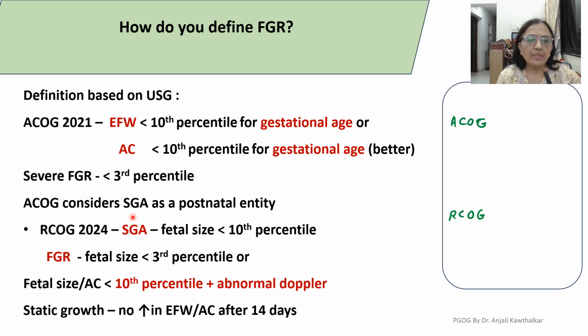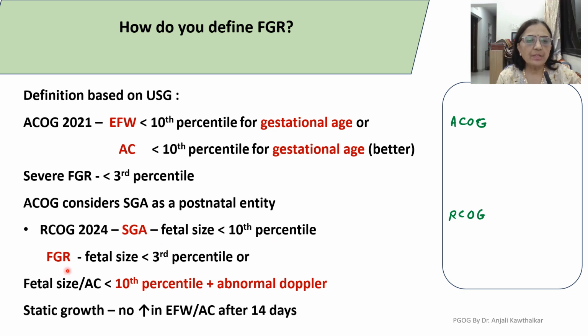On the other hand, if we see the UK guideline, called the Green Top guideline, RCOG, the Royal College of Obstetrics and Gynecology from UK, 2024 is the update of that guideline. According to the UK guideline, small for gestational age is the terminology they use whenever the fetal size is less than the 10th percentile.